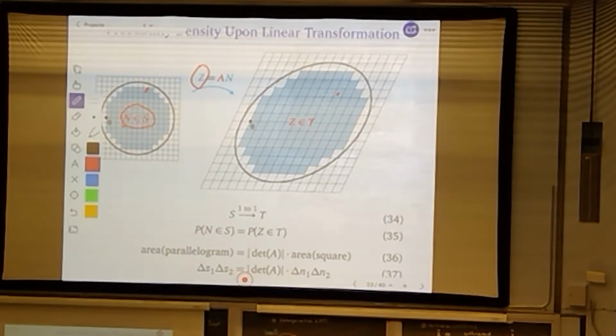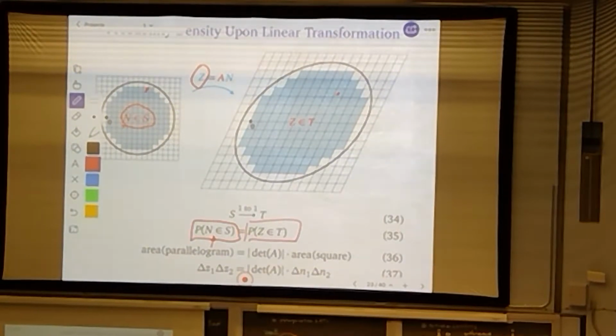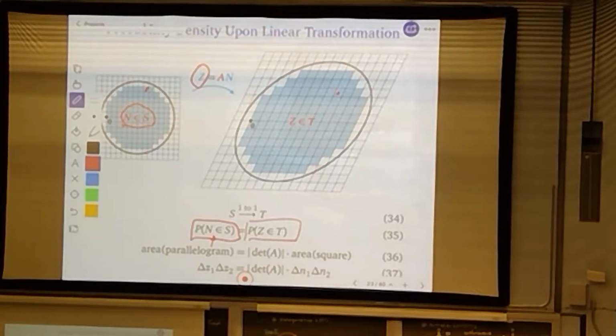Because it's one-to-one, for every event, the probability that n falls into this area is the same as the probability that z falls into the target area, right? Otherwise, it's not a one-to-one mapping. Yes? So that's one equation we have.